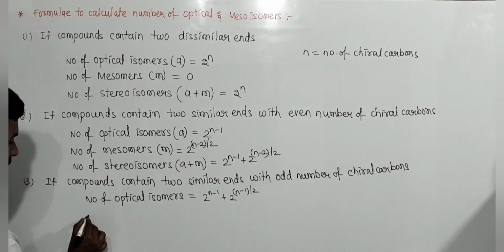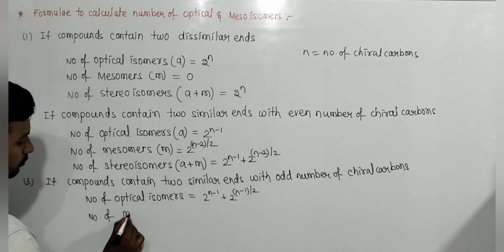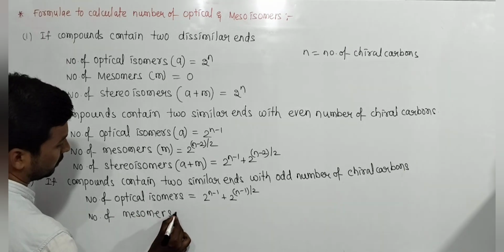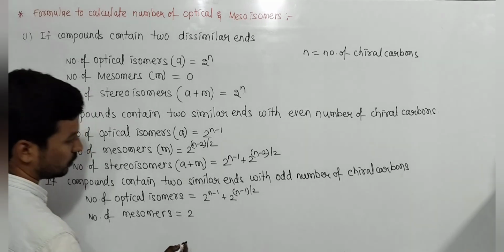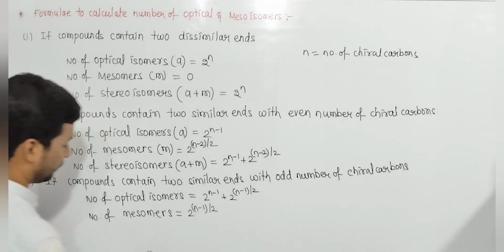The number of mesomers is equal to 2 power n minus 1 by 2.